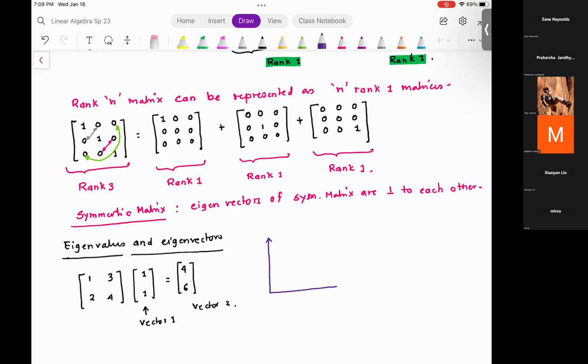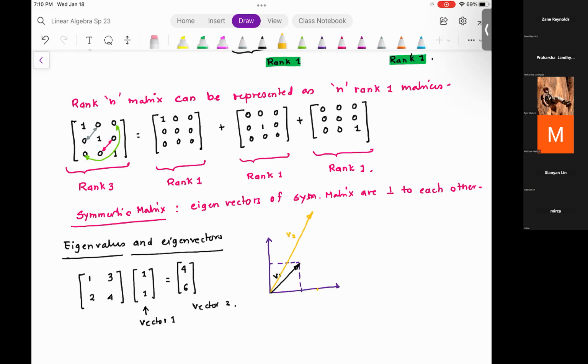The first vector is 1 comma 1, this is my vector v1, and the second vector that I get is 4 comma 6, this is my vector v2.